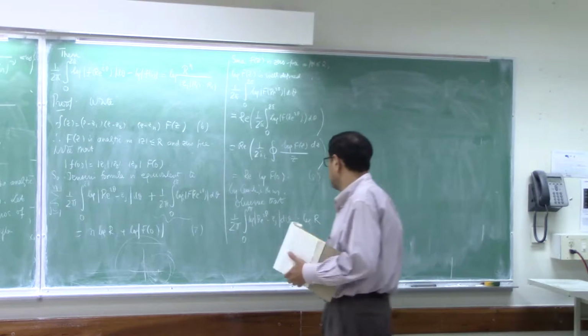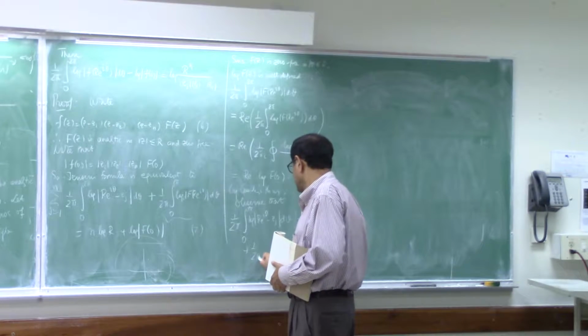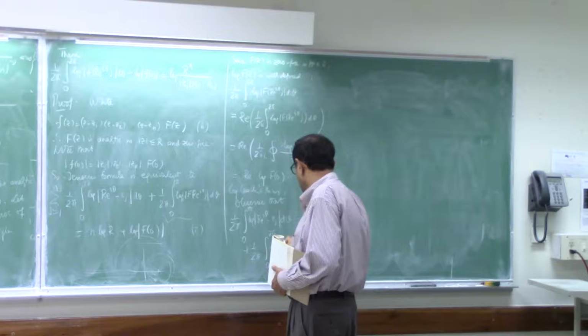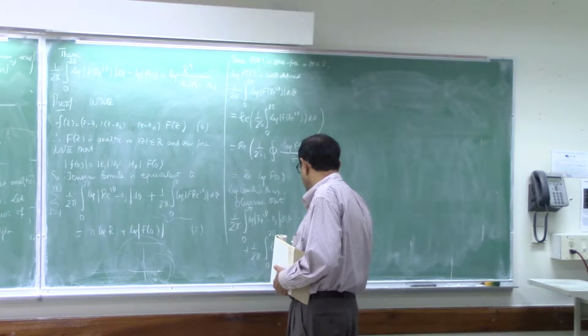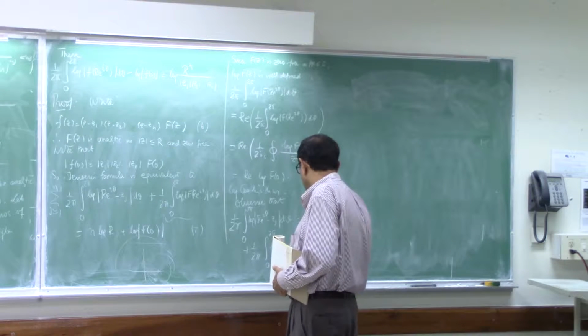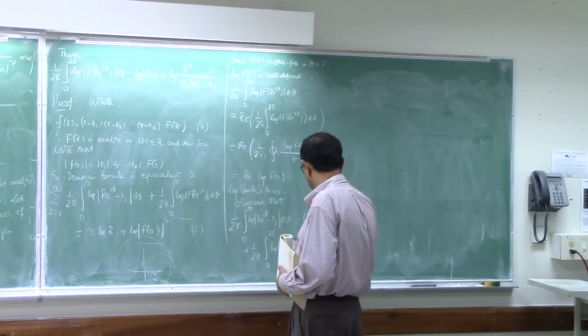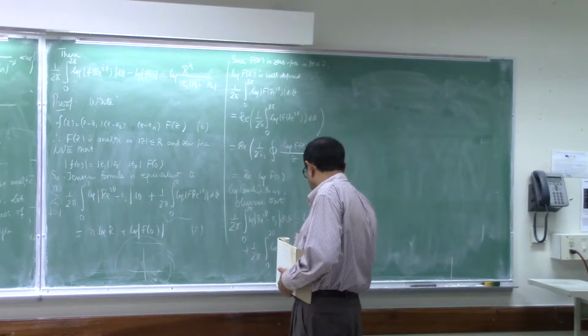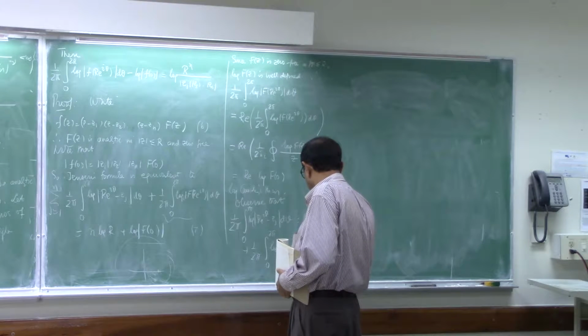And then you have 1 over 2 pi, this is exactly what I said, integral 0 to 2 pi of the logarithm of the absolute value of 1 minus zj over r e to the minus I theta, zj divided by r e to the I theta.